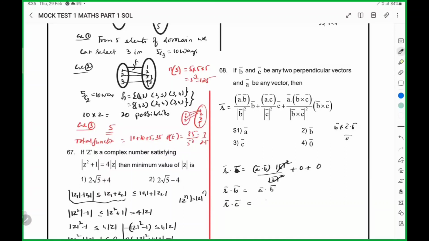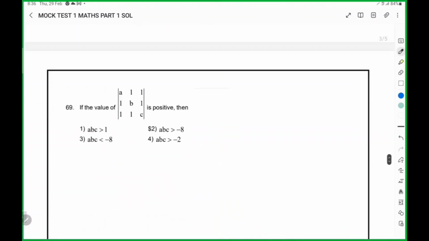Similarly, r dot c, if you do it, the first one is 0, a dot c into c dot c by mod c square is also 0. So r dot c is a dot c. Similarly, r dot b cross c, you get b dot b cross c is 0, so a dot b cross c. From all this information, we can say r bar is a bar.